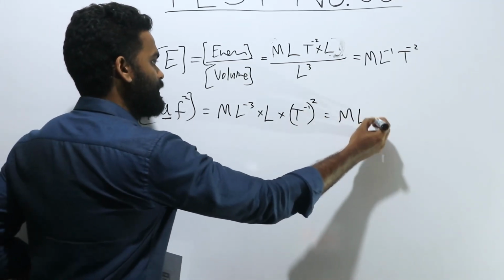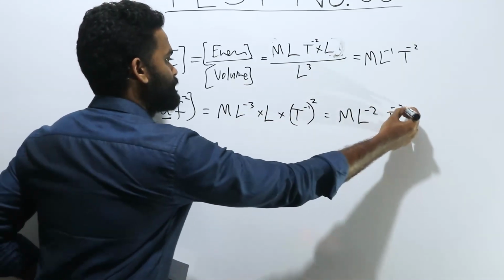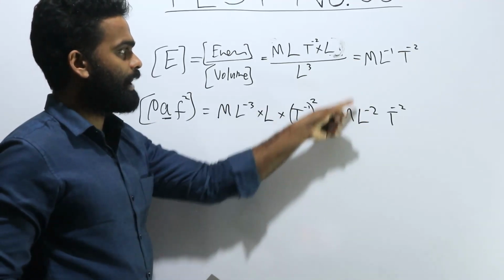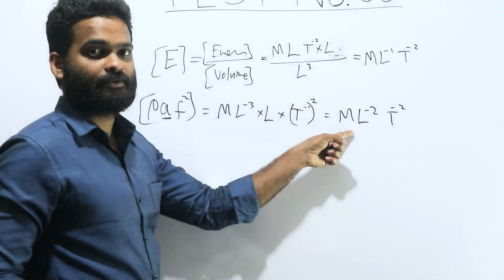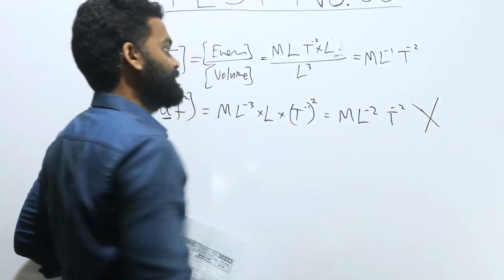So this should be M L minus 2 T minus 2. If you compare these two, they don't have the same dimensions. The dimensions are different, so we cannot choose A as an option.